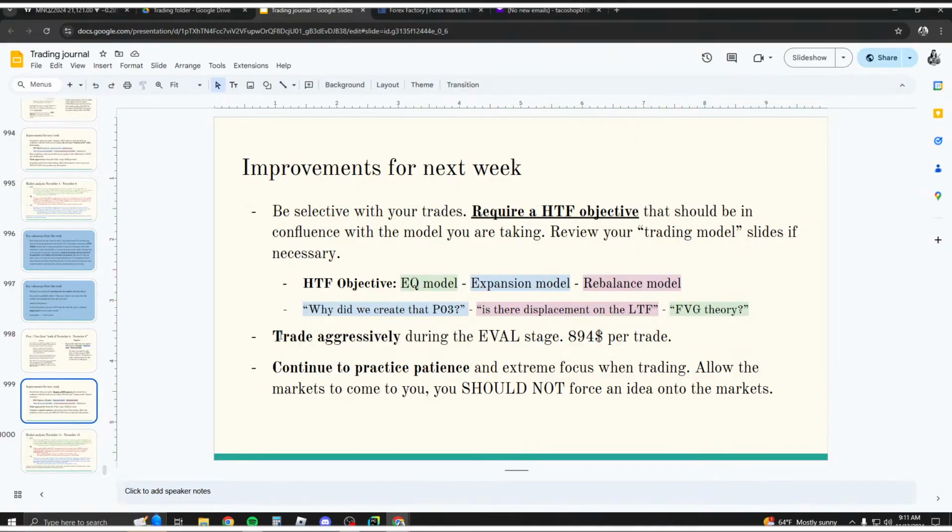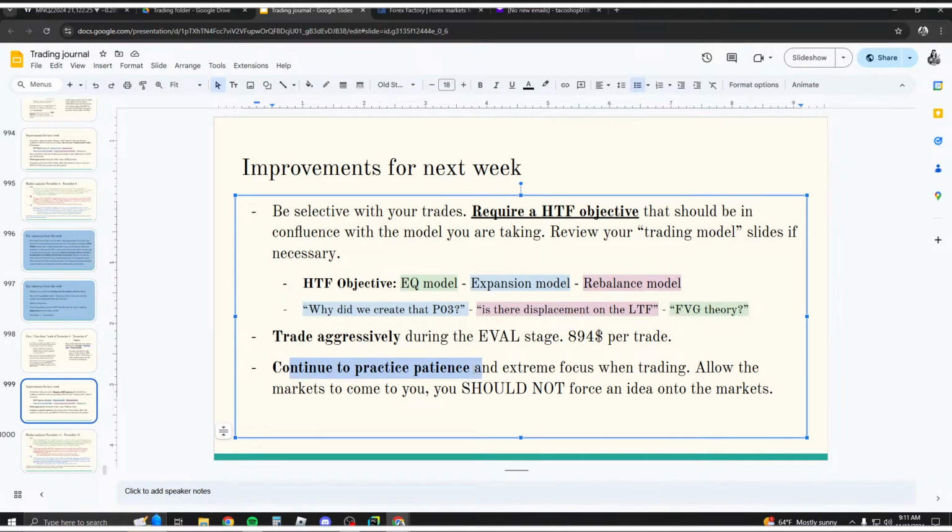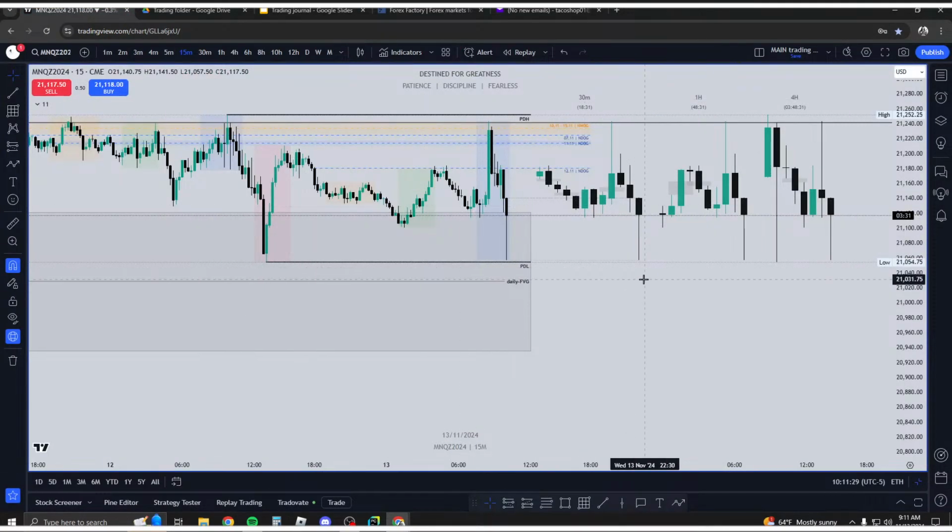Not trading aggressively here, and just continuing to practice patience and discipline. Allow the markets to come to me. I don't dictate where price goes. I'm just on the sidelines, waiting for an opportunity to present itself. And that's going to wrap it up for the pros and cons and the improvements.